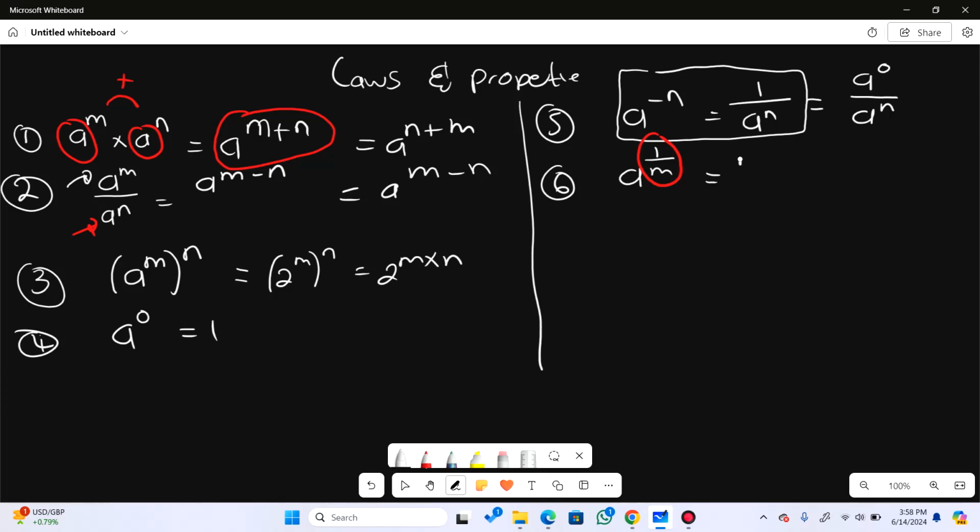So in this case we have the m-th root of a. So let's look at an example.